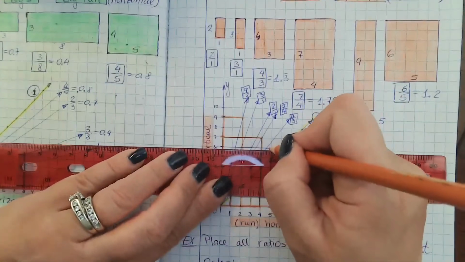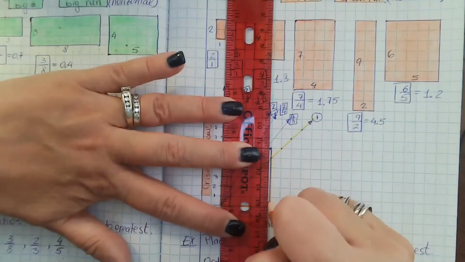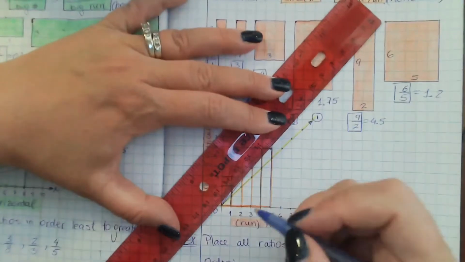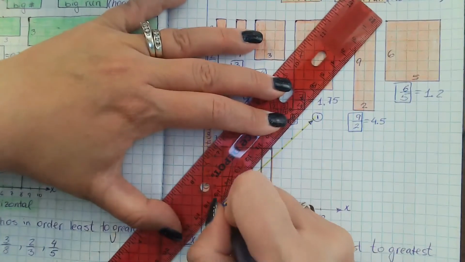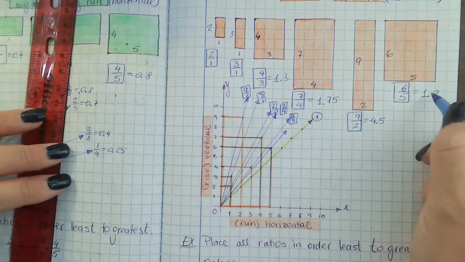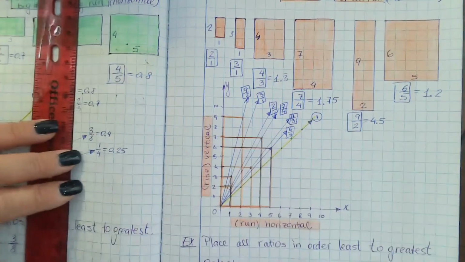That it was 6 down, 5 side to side. And that is the corner right here. And I'll connect that diagonally. And once I have it, I'm going to put a 6/5 label just so I remember which is which.